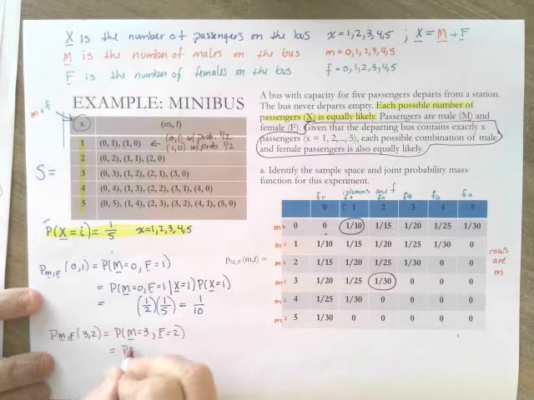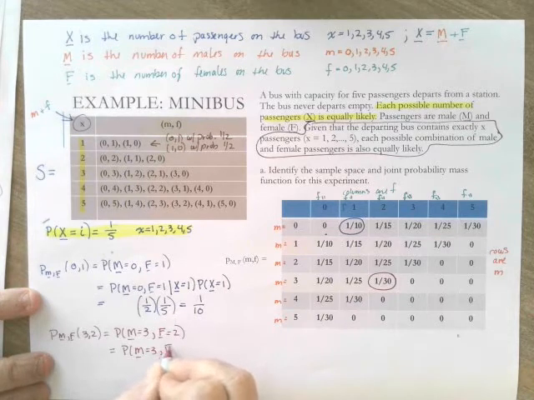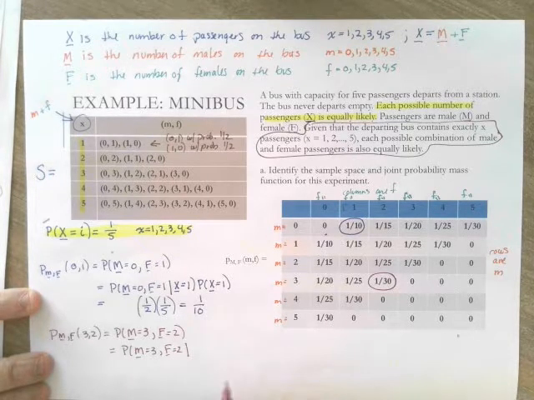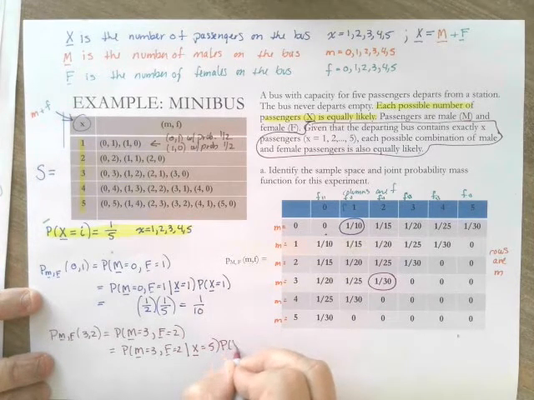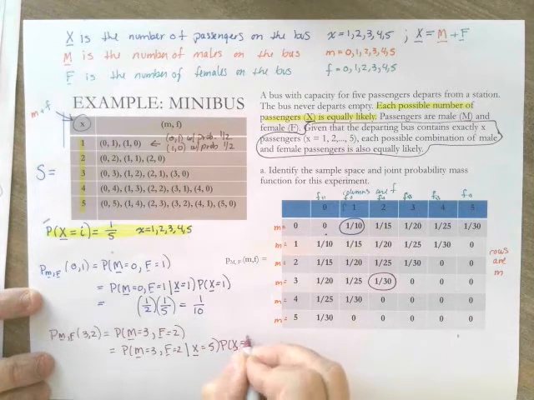I'm going to say this is the probability that we have 3 males and 2 females, but given that we have 5 people on the bus, so m plus f, which is x, is equal to 5, and then I have to multiply that by the probability that we have 5 people on the bus.